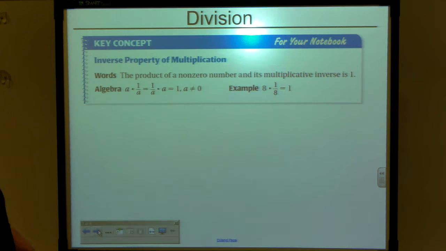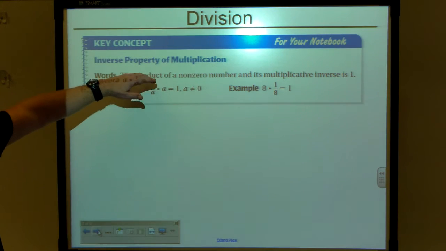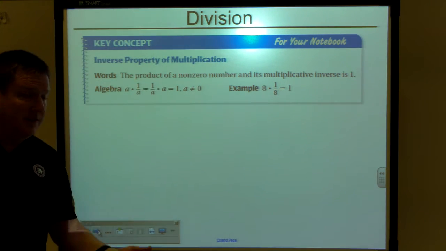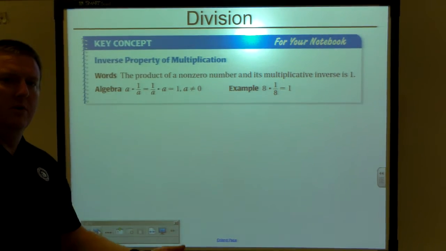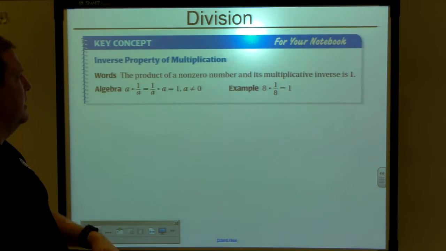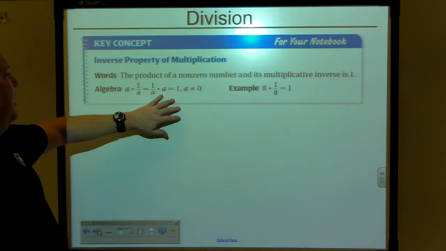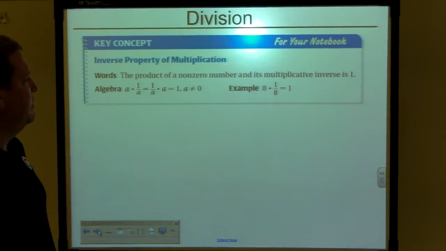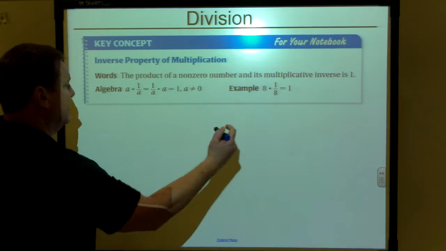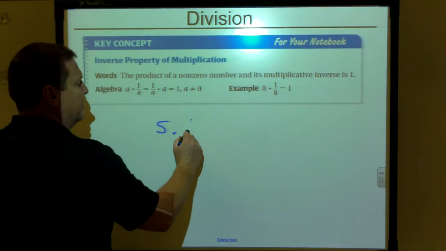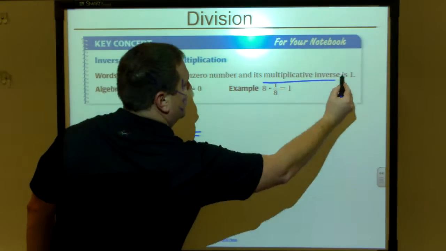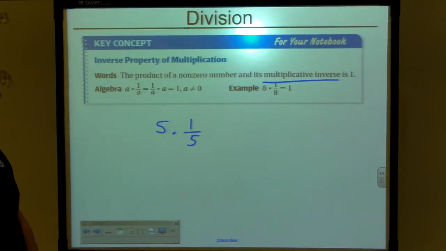This is the property called the inverse property of multiplication. Even though we're doing division, we multiply by the reciprocal of the second number. So we call that the inverse property of multiplication. And what they're really saying is any number, let's say we take the number 5, and we times it by its reciprocal, of course, this is called the multiplicative inverse.